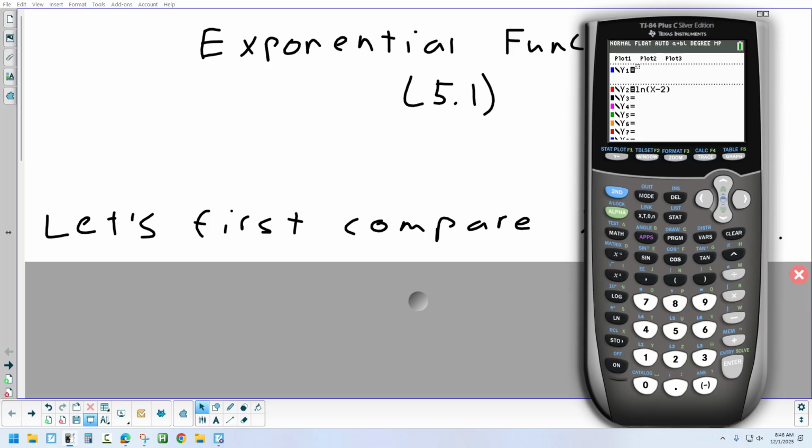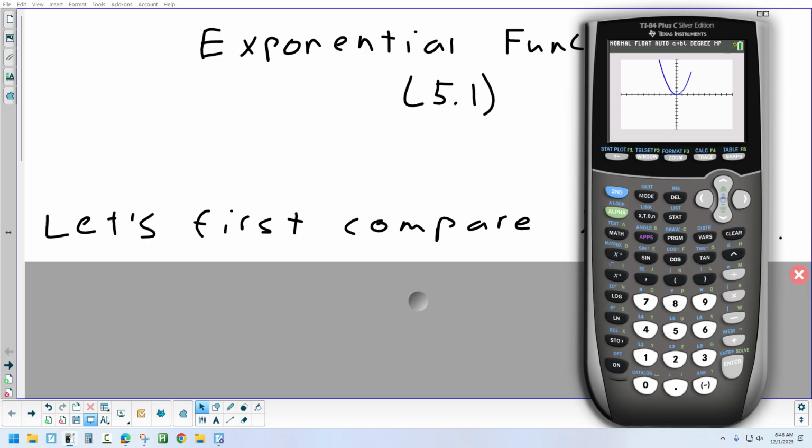Remember, x squared is just a parabola. It's the parent function for parabolas. It's the simplest parabola you can have. There's no shifts, there's no stretches. It's just x squared. And 2 to the x. In that one, what we've done is we've switched the x and the 2. And let's do zoom 6.